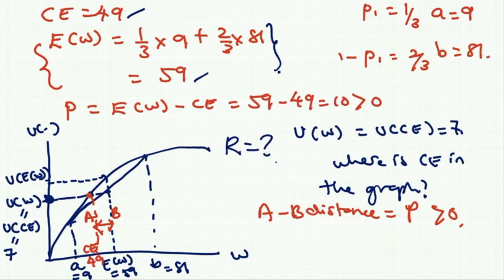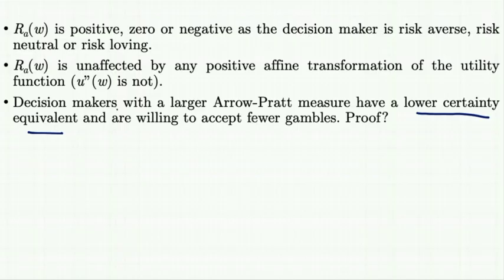What do you get? Because you know that U is given by W to the power of half. Then try to get this, and see what happens to the value. If you get the final answer, you will see that this person is a risk-averse person.